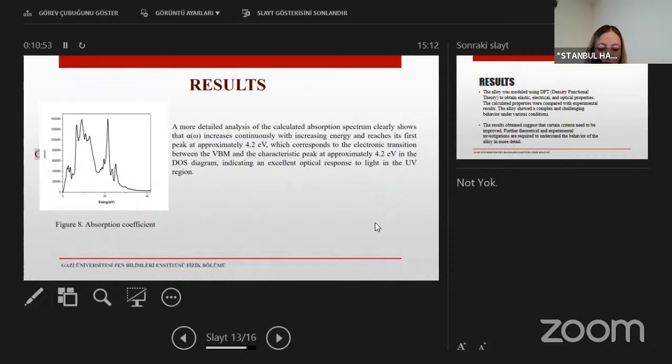Additionally, the optical absorption edge of potassium silicon IO3 appears at a band gap of approximately 4.2 electron volt and exhibits a higher absorption coefficient above the band gap, indicating an excellent optical response to light in the UV region, as I said.